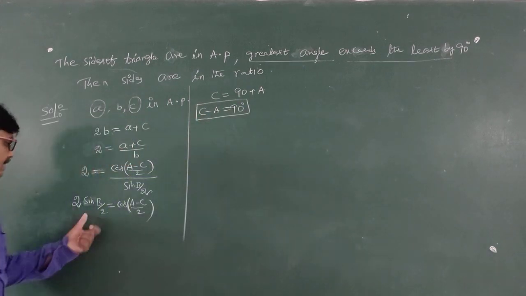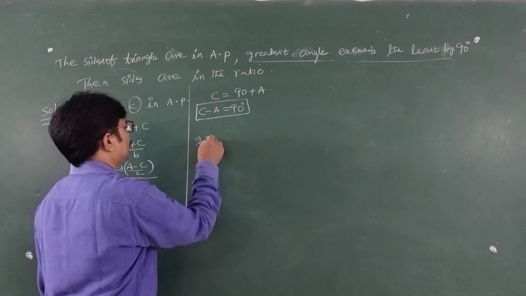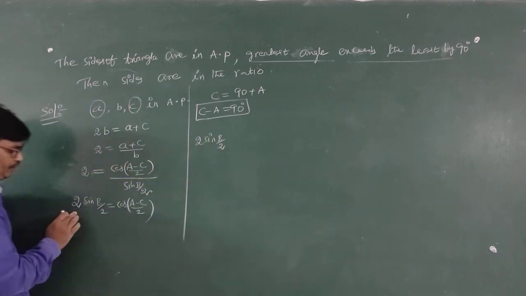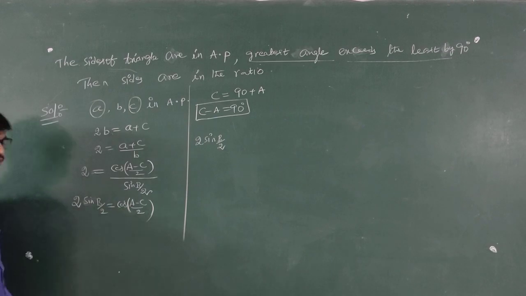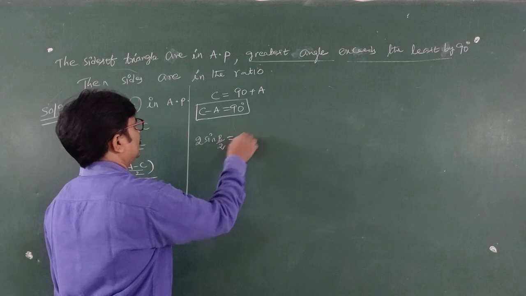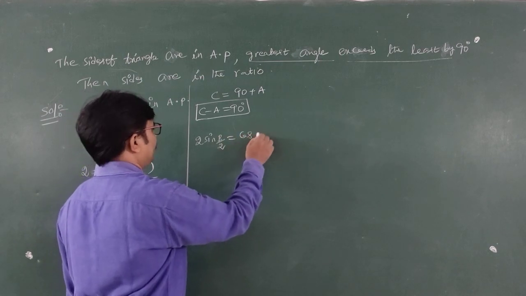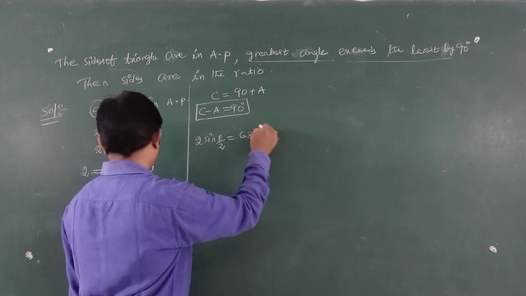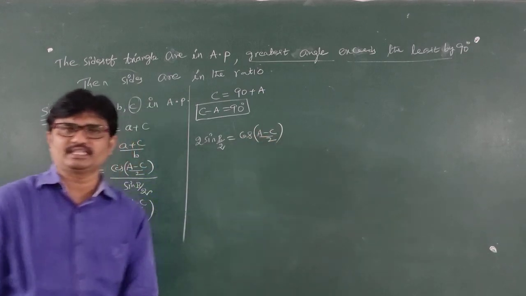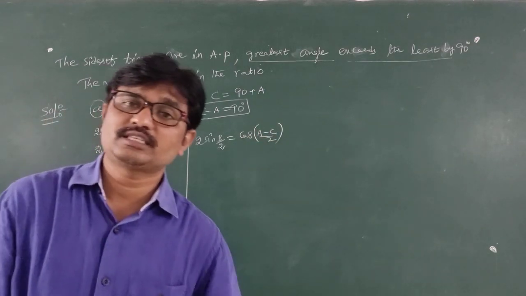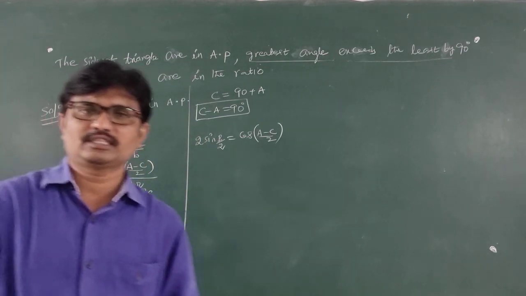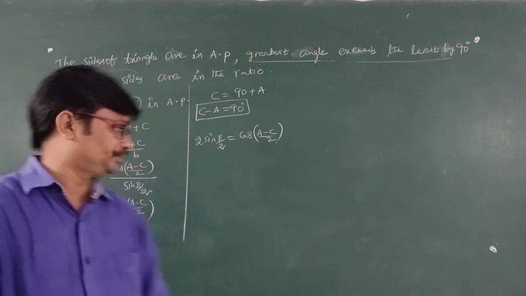So already we found that 2 sine B by 2 equal to cos of A minus C by 2. Yes, in cos, A minus C or C minus A are the same. The cos of minus theta is the cos theta.